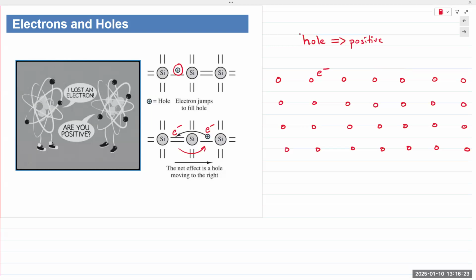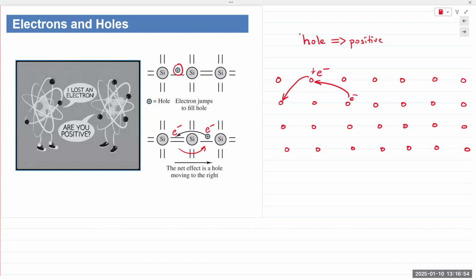It breaks free of its bond. It's moving around the lattice structure. It finds another empty spot somewhere where another electron has left. So this electron jumps here. So that means this spot right here is empty. Now that's an empty spot where another electron can move into.